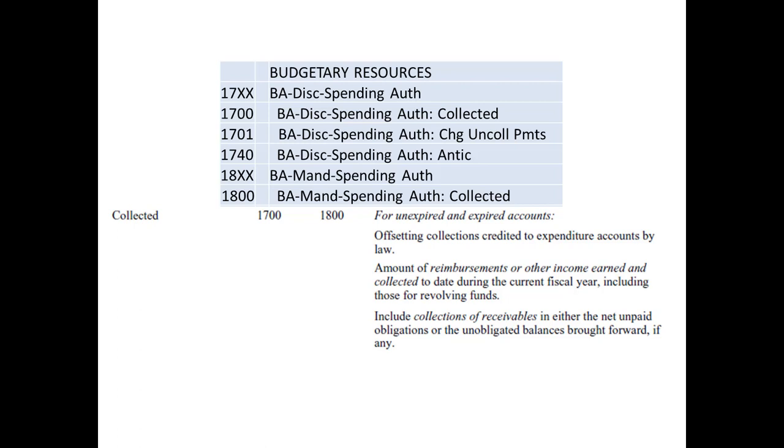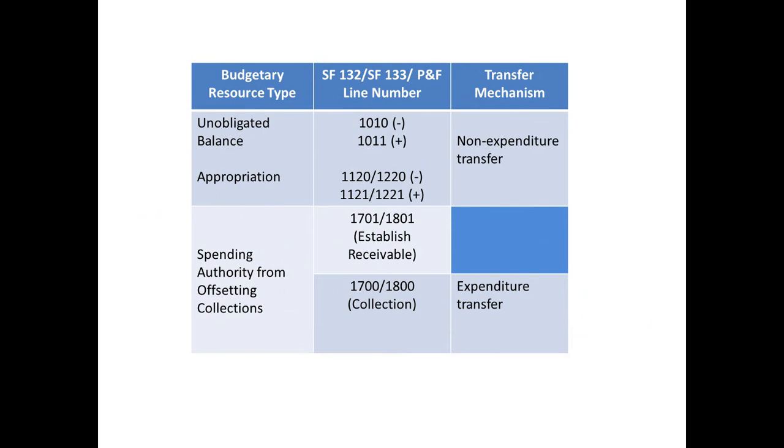Before we look at an example, let's stop for a moment and summarize where we are. We've been discussing three different types of budgetary resources: unobligated balances, appropriations, and spending authority from offsetting collections. We've pointed out that there are two very different mechanisms used to establish the movement of these budgetary resources: the non-expenditure transfer and the expenditure transfer.